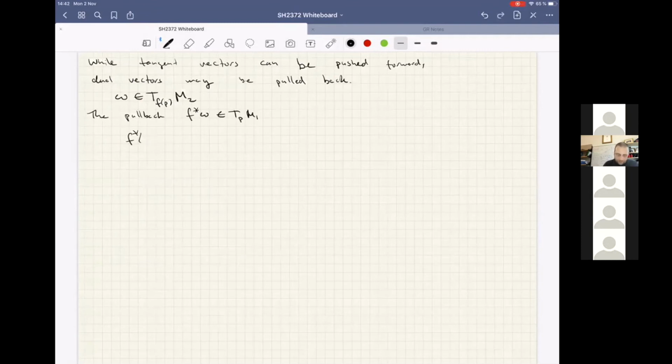That should be now a dual vector on M1, which means that it should take a vector V, where this V is an element of TP M1, and map that to a real number. And the way of doing this is that we define this as omega acting on the push forward of V.